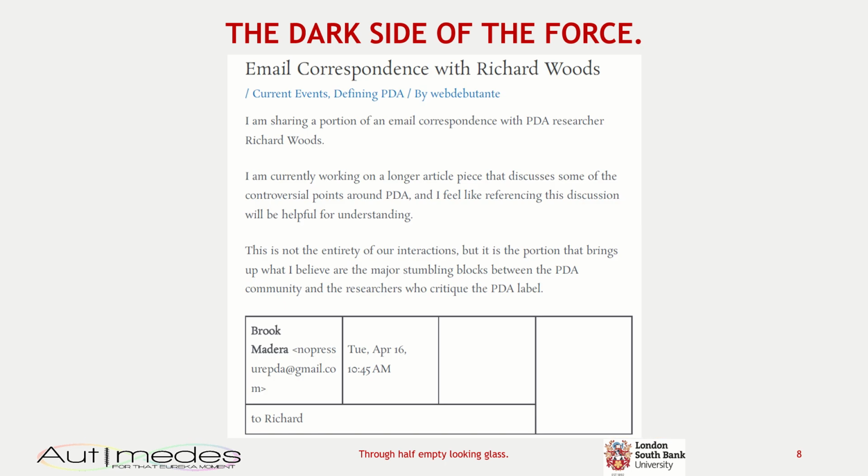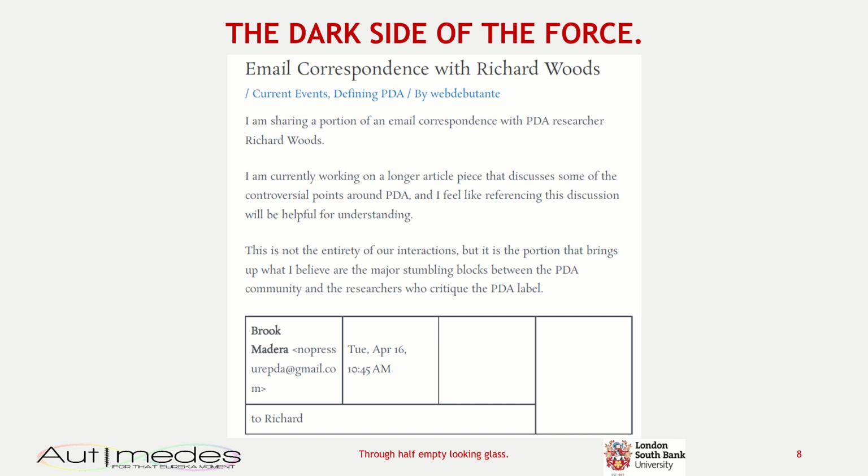This is a bit more of an in-depth example. Last year, in 2024, I was corresponding with Brooke Madeira, trying to get them to stop the ad hominem actions against me. More often than not, Brooke Madeira has been relatively pleasant and okay in the email interactions.